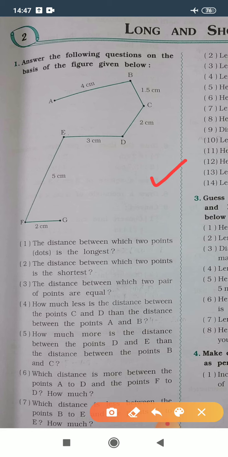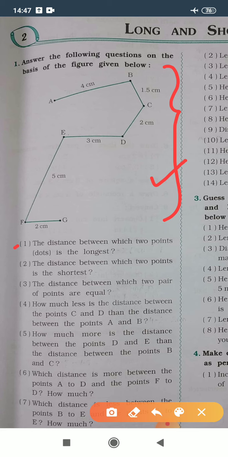So let's start. Question number 1. The distance between which two points is the longest? Longest means the distance that is the greatest. So with this figure we can see 4 centimeter, 1.5 centimeter, 2 centimeter, 3 centimeter, 5 centimeter and 2 centimeter.